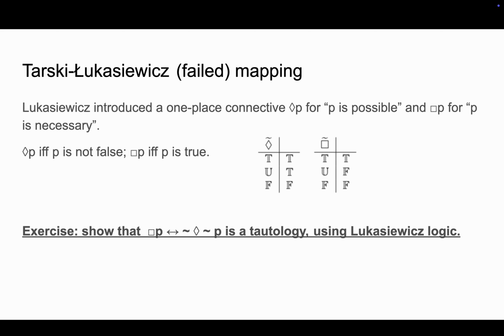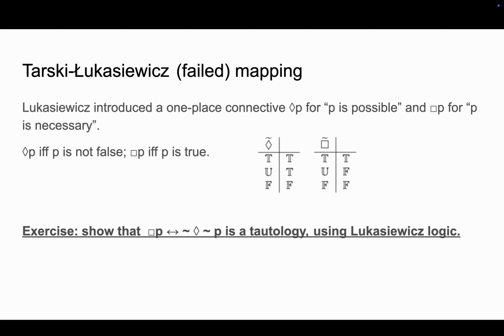This can be thought of in an intuitive way by considering the postulate that P is possible if and only if P is not false.